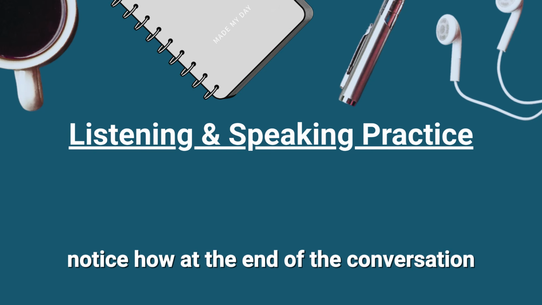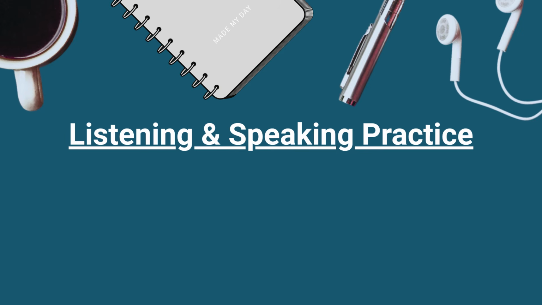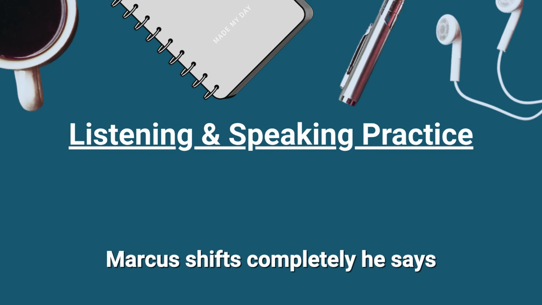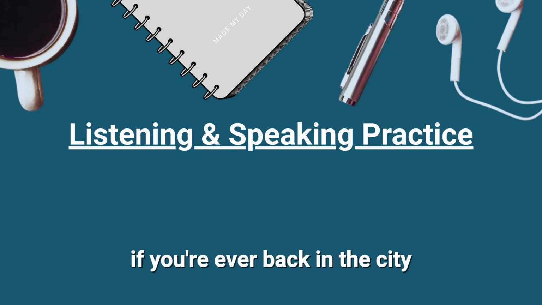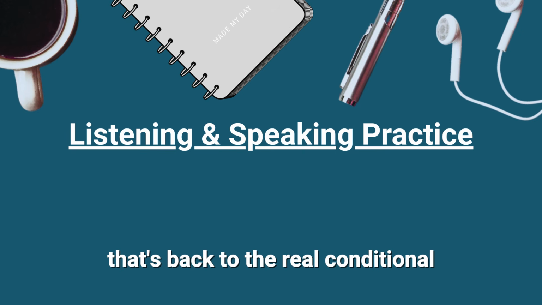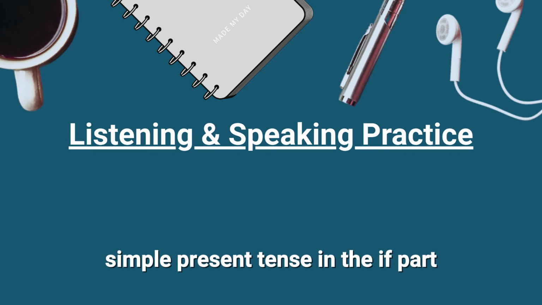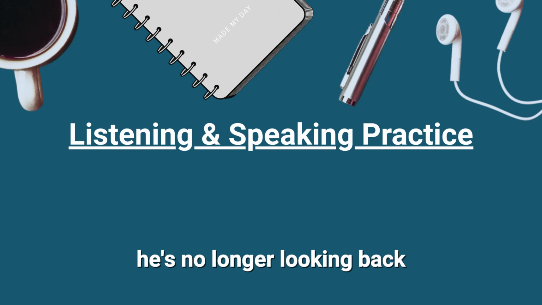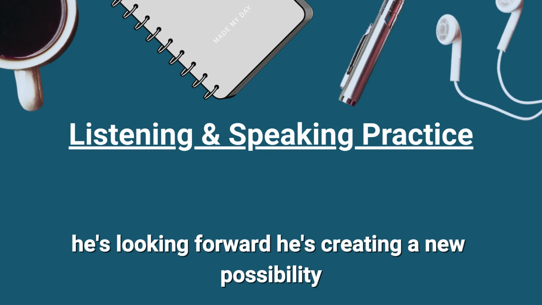Now, notice how at the end of the conversation, Marcus shifts completely. He says, "If you're ever back in the city, we should get coffee." That's back to the real conditional. Simple present tense in the if part. He's no longer looking back. He's looking forward. He's creating a new possibility.